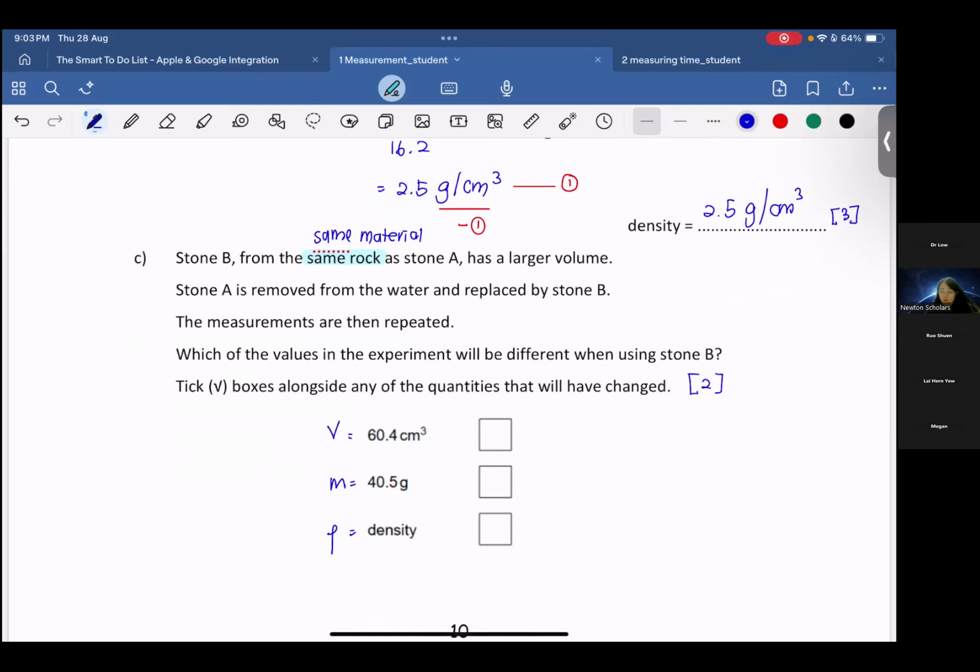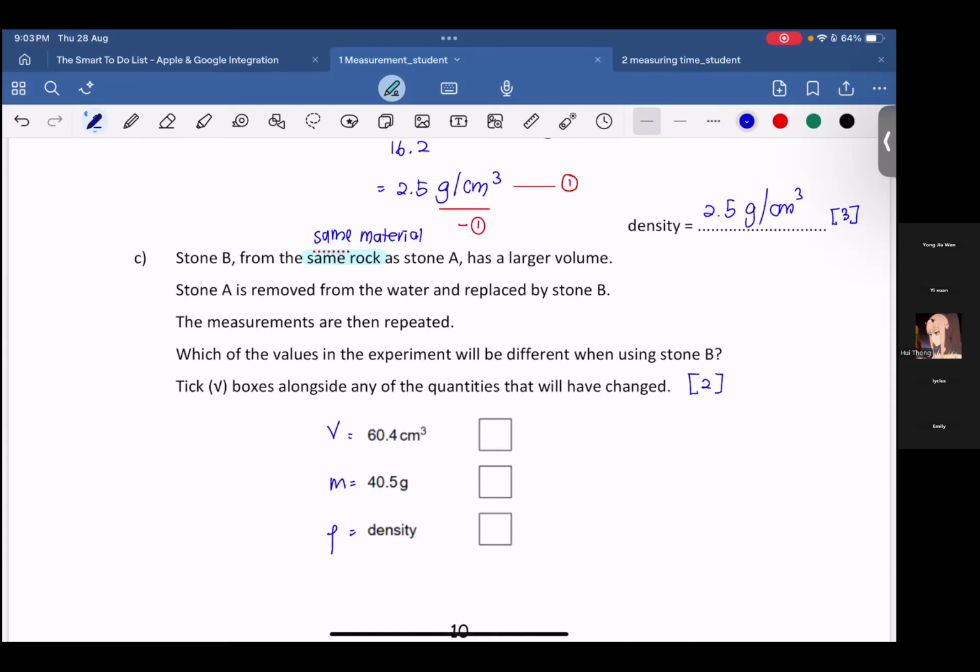I want more students to give me the answer. So far, none of you has given me both correct answers.